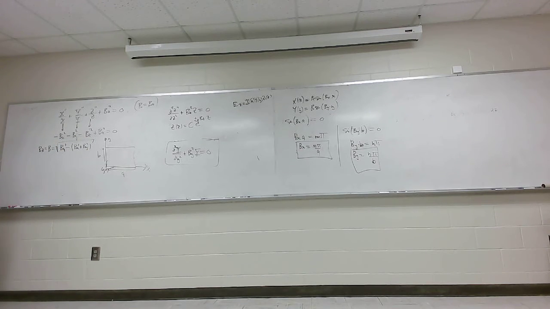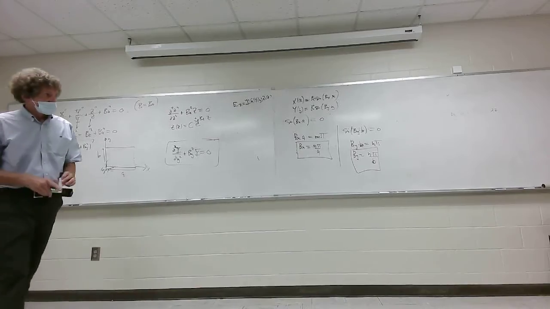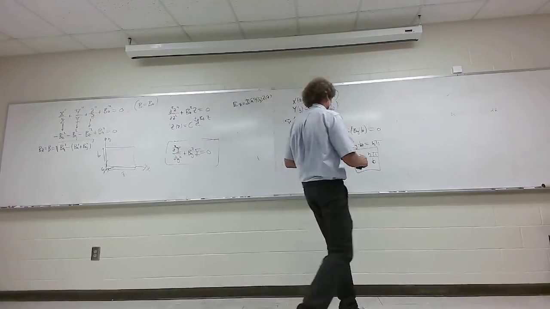Y'all follow me what I'm doing here? I just take this equation, I take beta z to the other side, take the square root of what remains, and I have beta unguided squared minus the quantity beta x squared plus beta y squared. Do y'all follow me on this, class? Now I move over here.